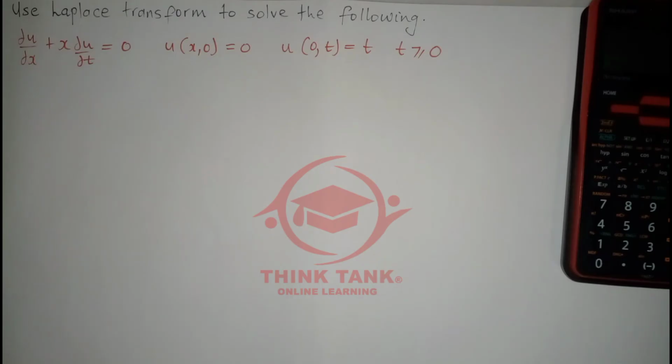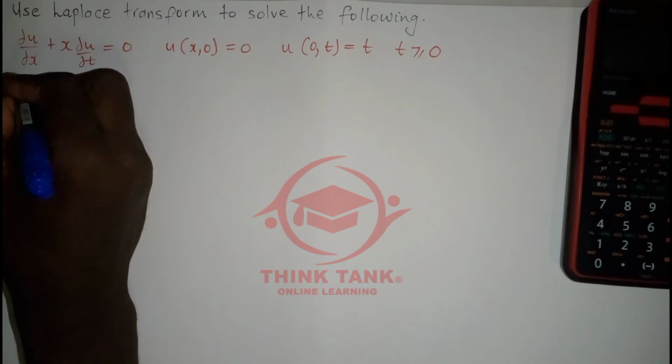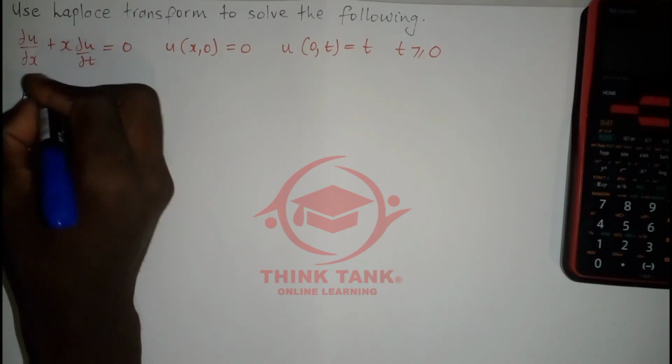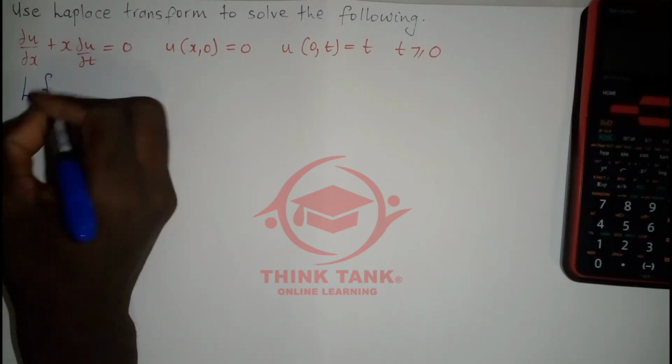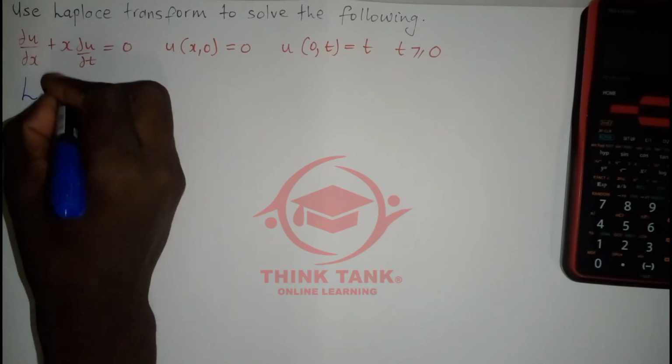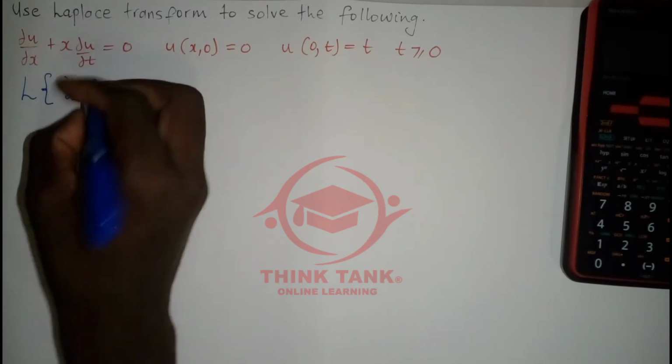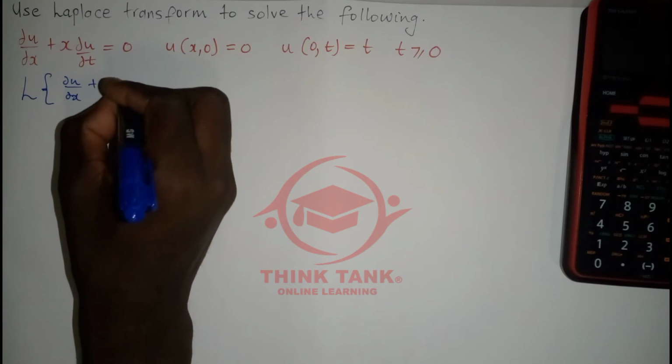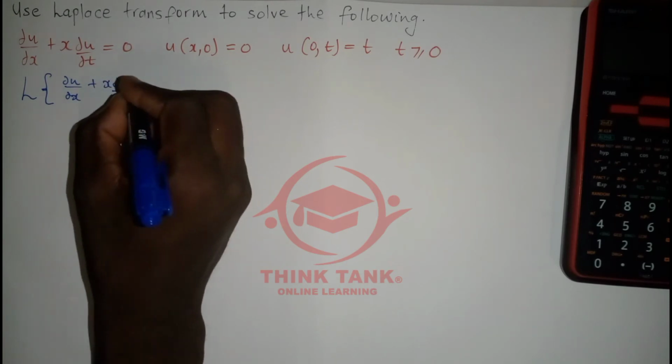Since we're told to use the Laplace transform, we're just going to transform each partial derivative. We're going to transform everything on the left hand side, partial u partial x plus x partial u partial t.